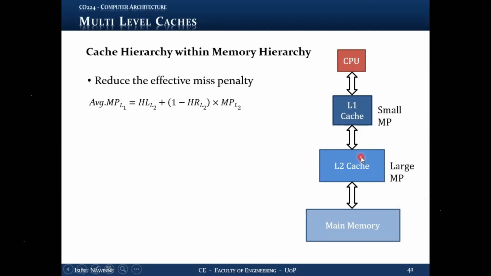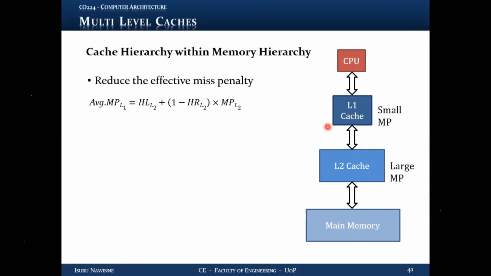If you have a second level miss as well, then you have to fetch from the memory, experiencing the larger miss penalty, say, 10 to 100 cycles. The second level cache would likely be able to supply you with the data within a couple of clock cycles, 2, 3, 4 clock cycles, or even 2, 3 clock cycles is a reasonable assumption.